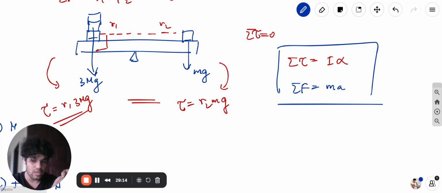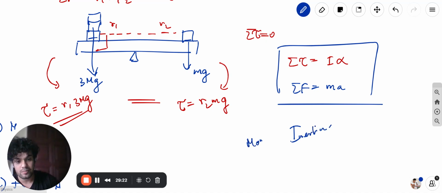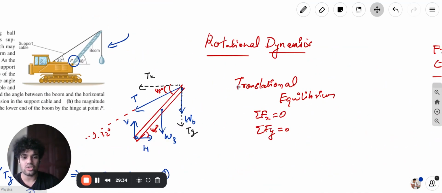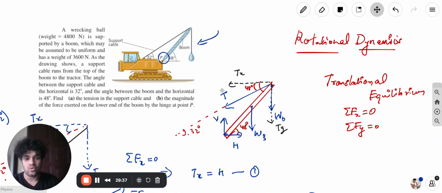But in rotational dynamics, mass is not enough. We need the moment of inertia, and alpha is just the angular acceleration. So I hope that makes sense. It's just a rotational dynamics problem. We just explained the concept through the problem, and I hope there are no doubts. So I'll see you in the next session. Thank you.